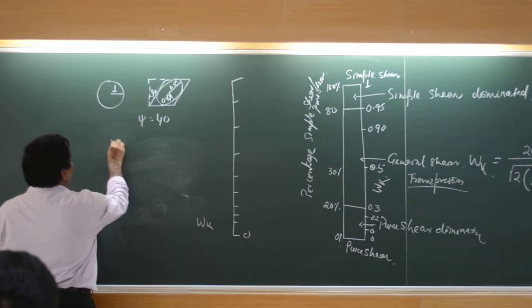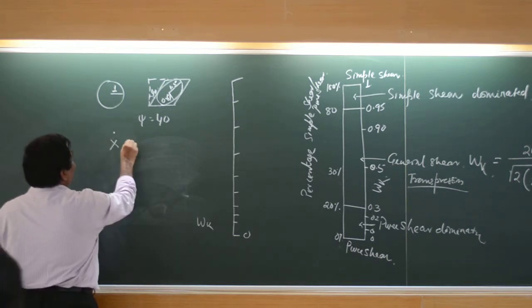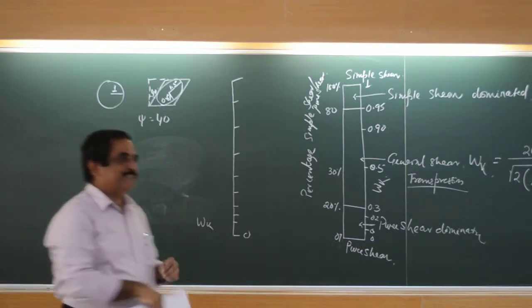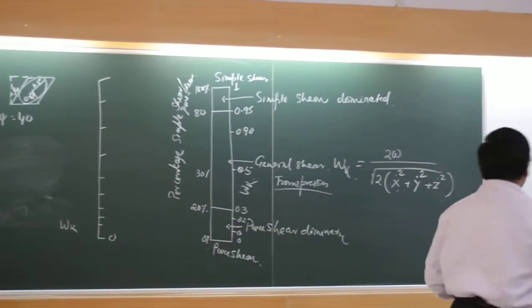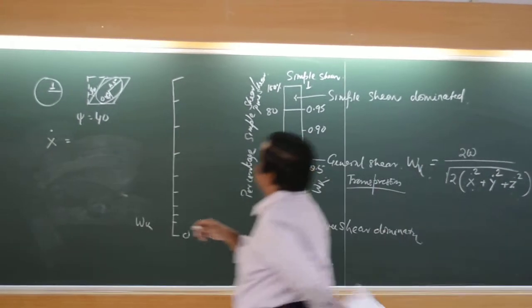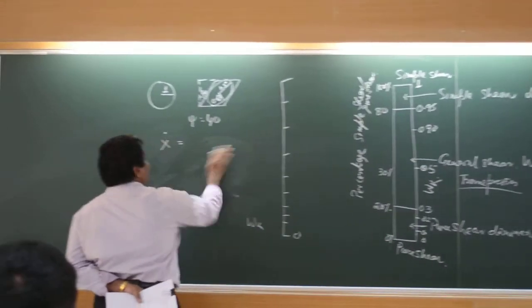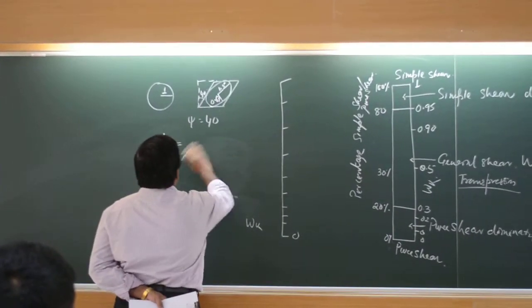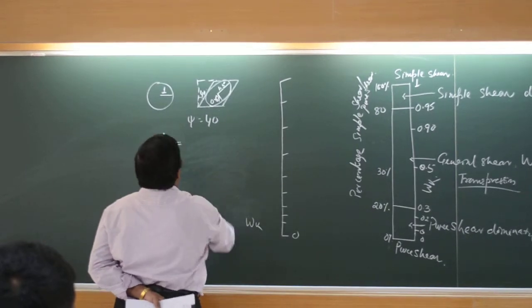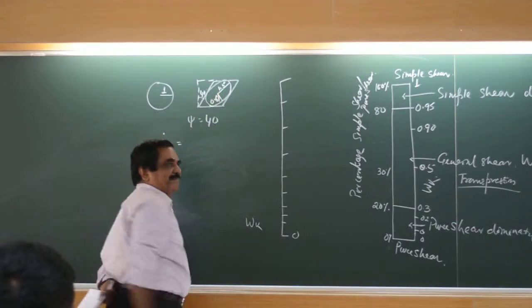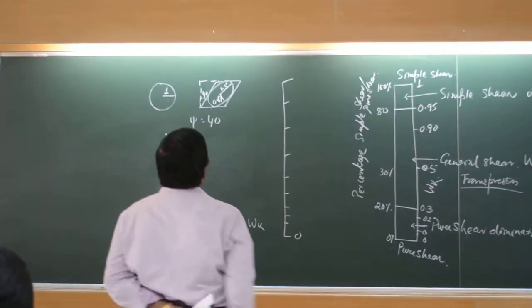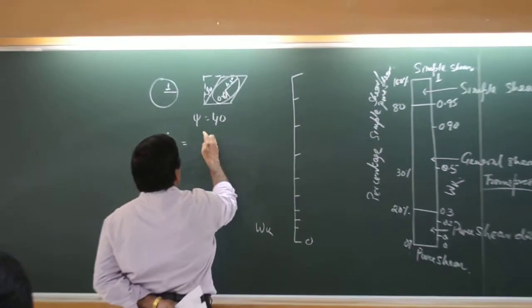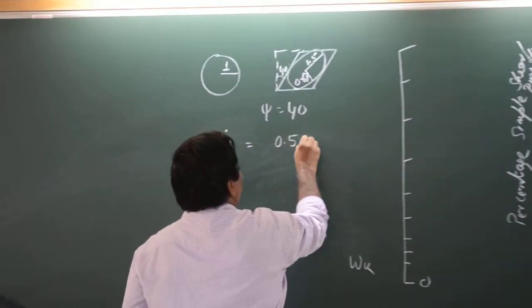Now, what is the x dash value? Do you remember it from MS? So 1 has become 1.5, okay? The difference is 0.5.